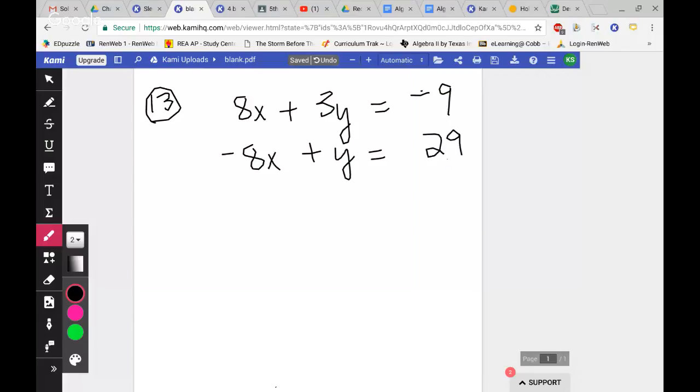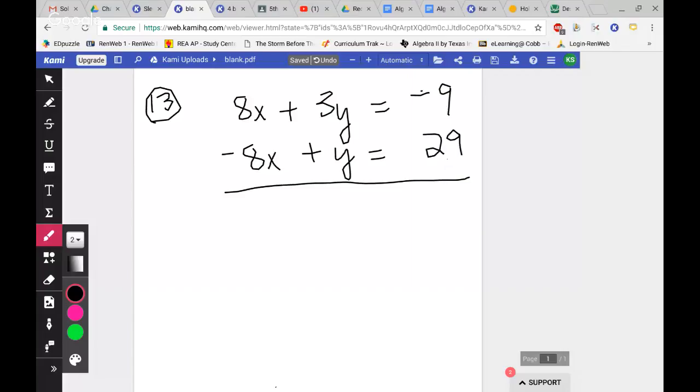And the goal is to eliminate one of the variables in order to isolate the other. Because you can solve a problem with one variable in it, but you can't solve for one of the variables if there's two in it. So that's why you want to get rid of one.